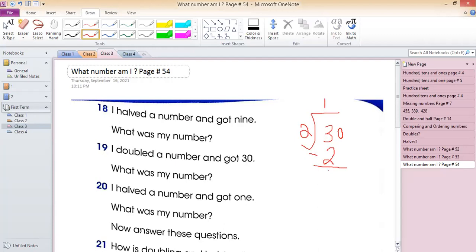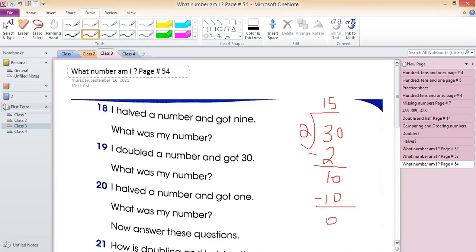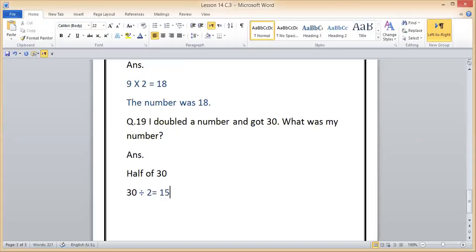We put it by the 0 with this, making 10, and then 10 divided by 2 gives 5. 2 multiplied by 5 will give you 10. So what is the answer here? 15. So the half of 30 is 15. That means the number was 15.